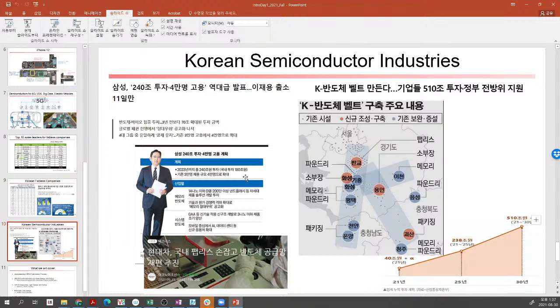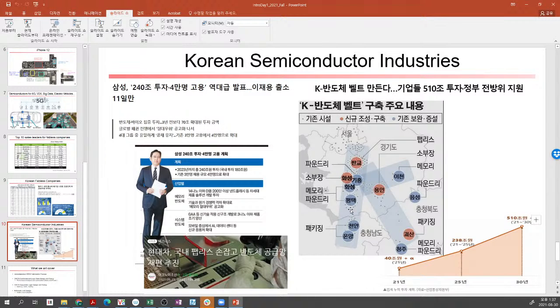Worldwide, the number one foundry company is TSMC, the Taiwan company. So Samsung is trying to catch up in the foundry business. And the government is also trying to support the K-semiconductor belt.